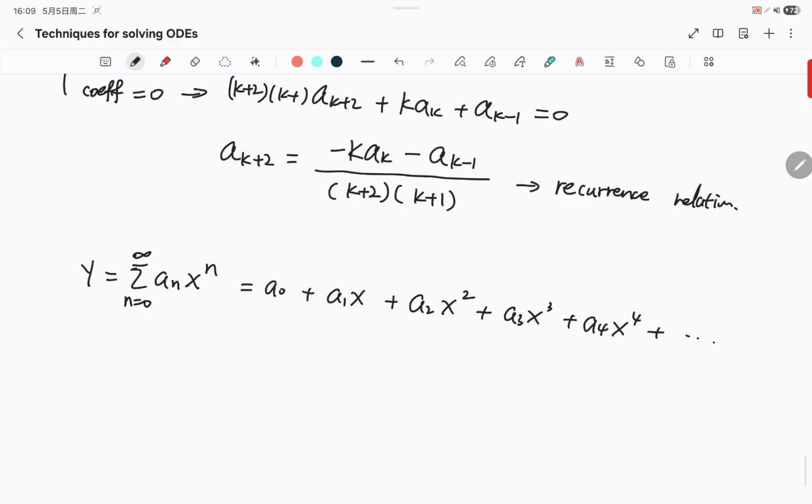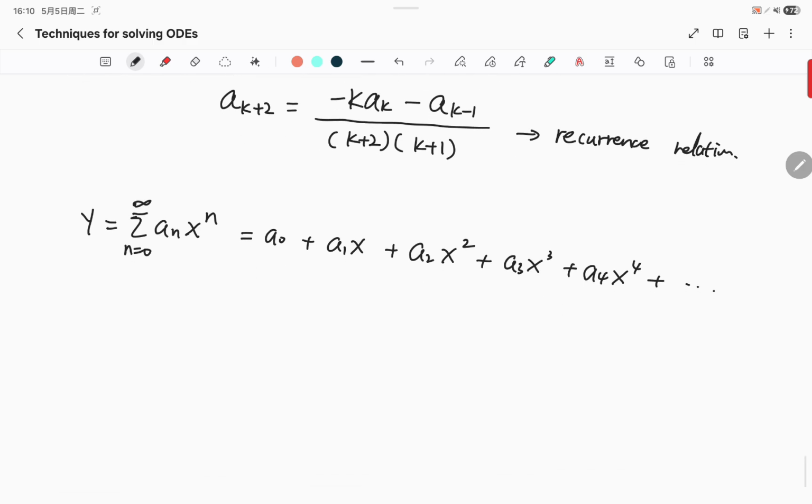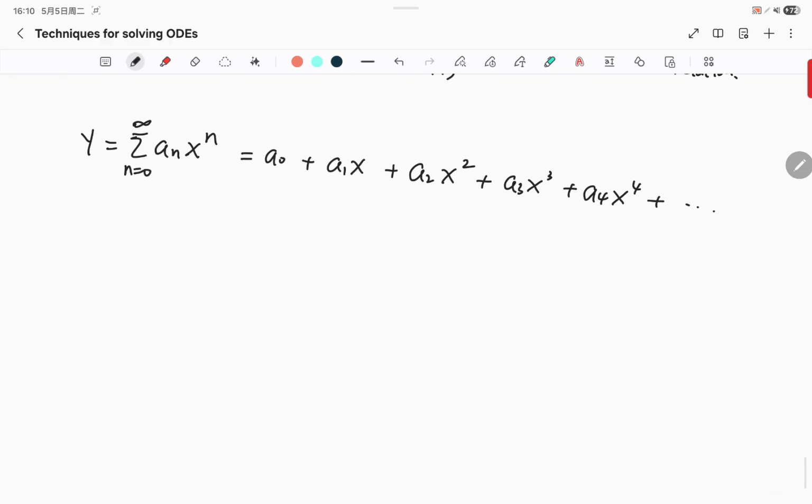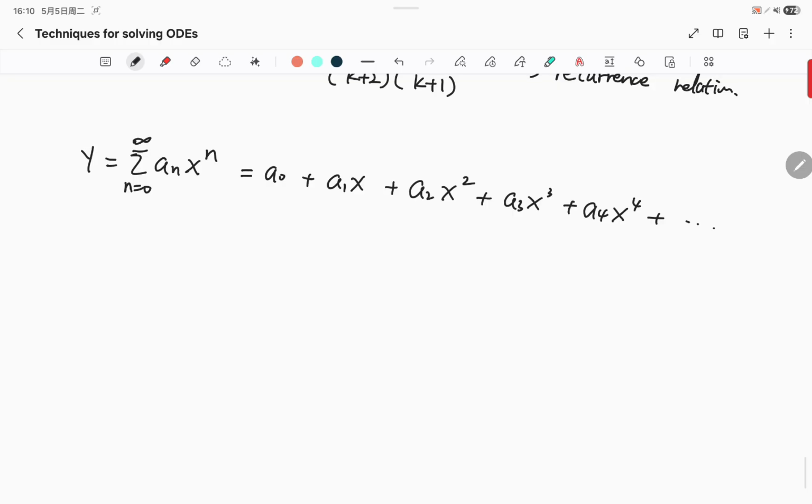This is what it looks like if we expand y. So this is our general formula. Now we have a0, a1, a2, a3, a4 all the way, and we're going to need to know the values of them.